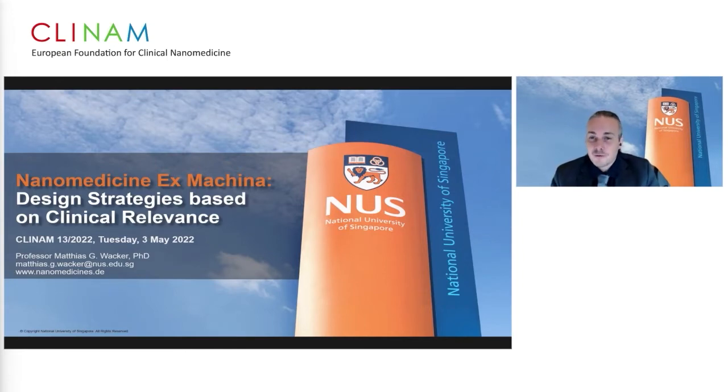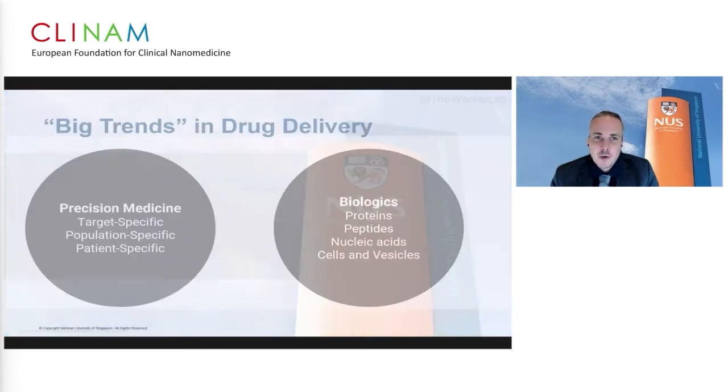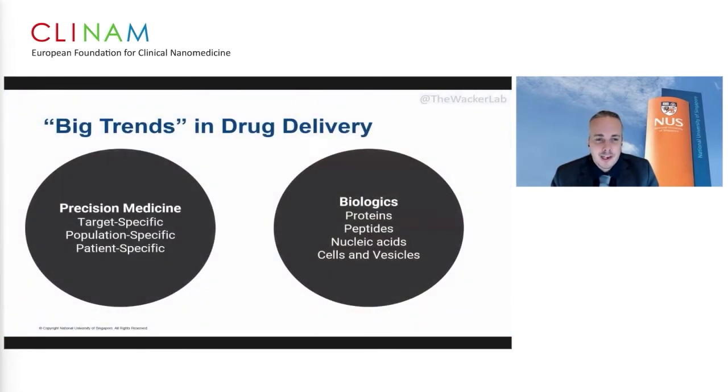So I first of all wanted to also thank the organizers for inviting me here today to talk about nanomedicine ex machina: design strategies based on clinical relevance. And for those who are not familiar with this terminology, clinical relevance, I talk about bioprediction today. But before we dive into this topic, I just wanted to highlight two trends that have been highlighted before also by the other speakers, and that is how drug delivery changed over the last years.